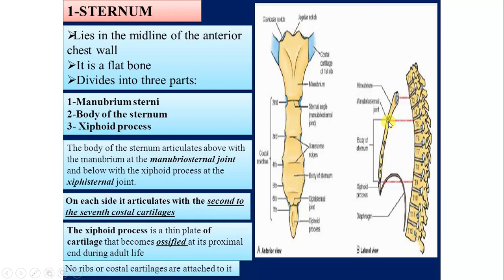Then is the sternal angle, the manubriosternal joint. Its level is the disc between T4 and T5. And this is at the level of the body of T9 vertebra, the xiphisternal joint.